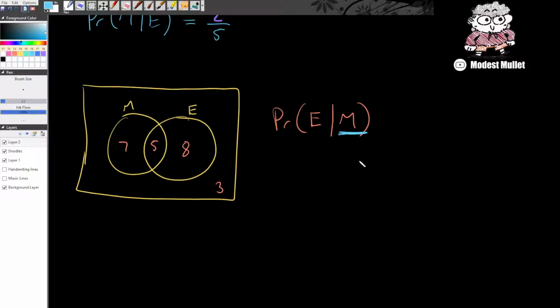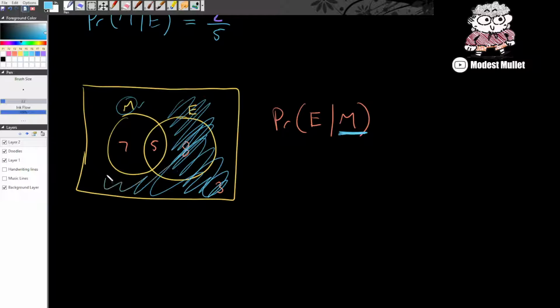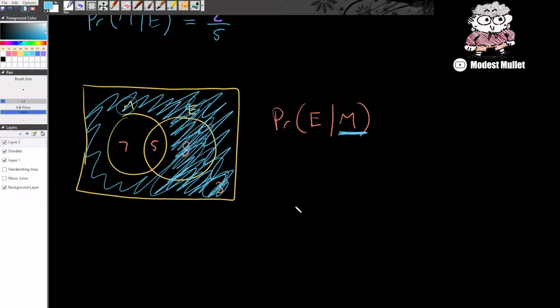They must like maths. So anyone that doesn't like maths, we no longer care about. They don't count in this survey. So inside the maths circle is good, but outside of that is no good, because they don't meet our condition. They must like maths.